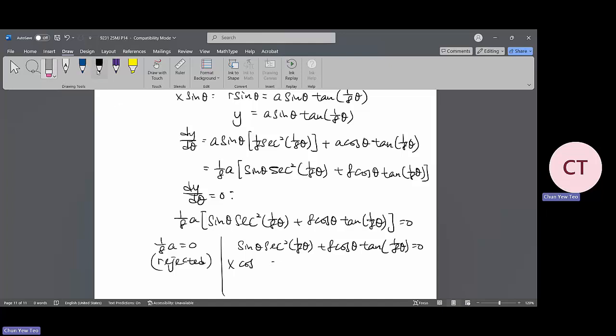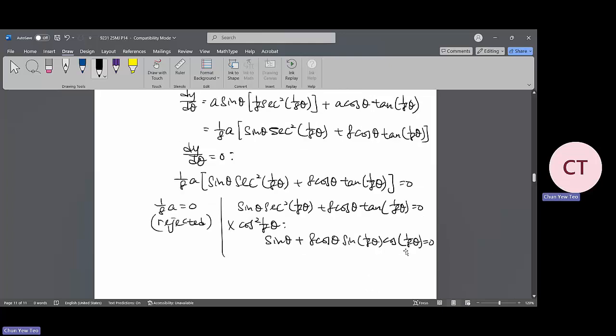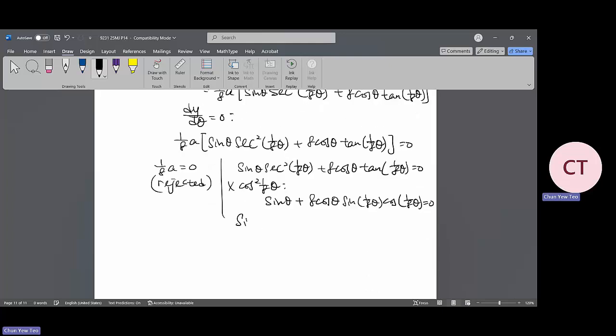So I multiply everything by cos square 1 over 8 theta. You will get sine theta plus the 8 cos theta tangent 1 over 8 theta multiplied by cos square 1 over 8 theta. If you simplify it, you will get sine 1 over 8 theta and cos 1 over 8 theta. Using the double angle formula, we can simplify this to become sine theta plus 4 cos theta sine 1 over 4 theta equal to 0.